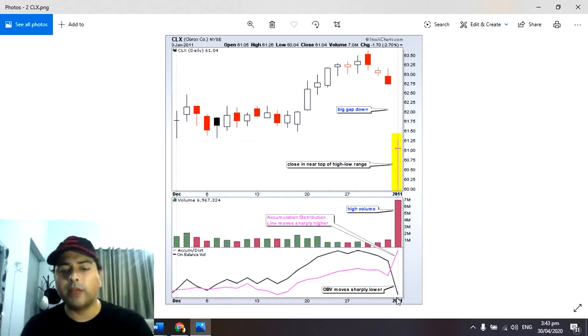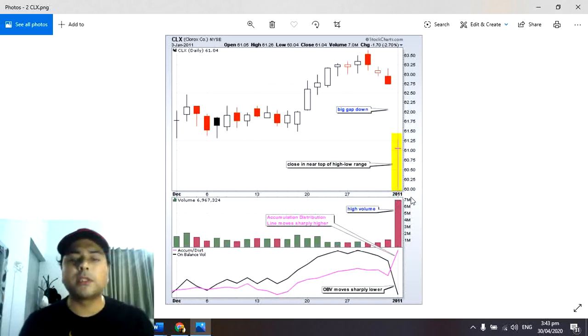This is the anomaly. This is a big flaw in the accumulation distribution indicator, which does not show how much the change is from one period to the next.